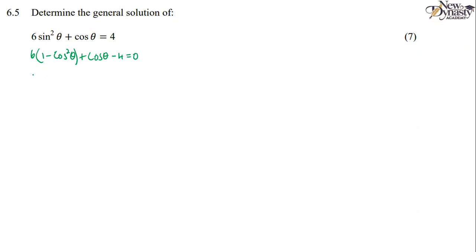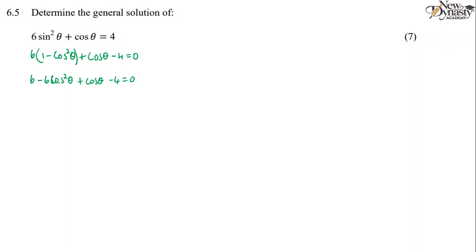Then we multiply 6 into the brackets. 6 times 1 is 6, minus 6 cos squared theta plus cos theta minus 4 equals 0.